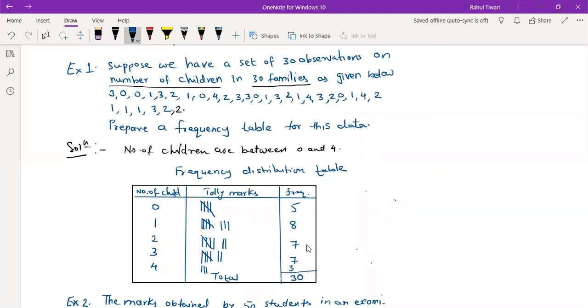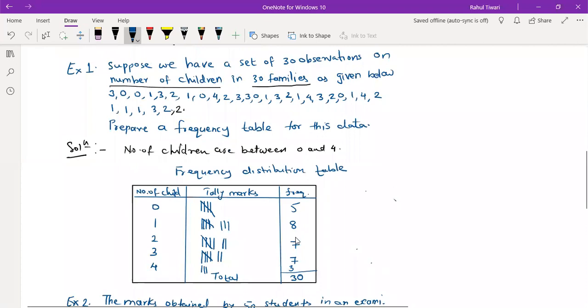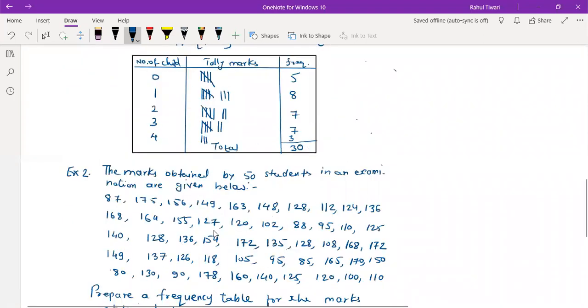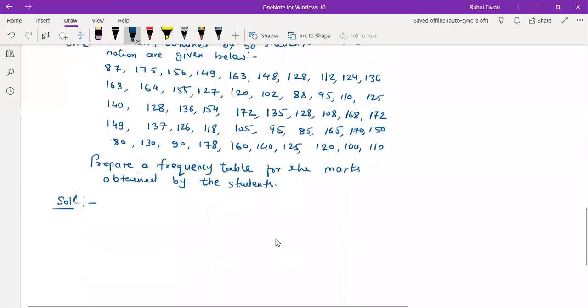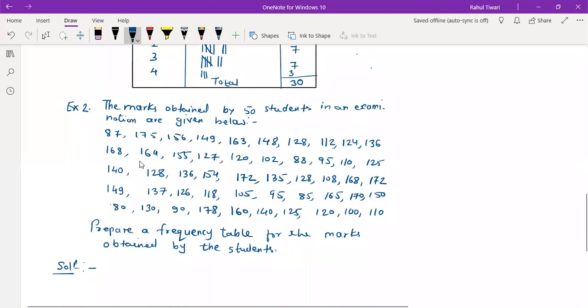There are 7 families having 2 children, and 3 families having 4 children, like that. Here the number of children is very small, 0 to 4. But the marks vary from a very small number to a very big number. Whenever the number of observations is more than 30 or the values vary widely, you have to go for class intervals.